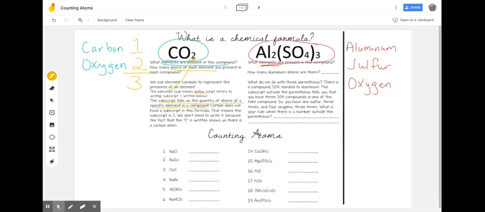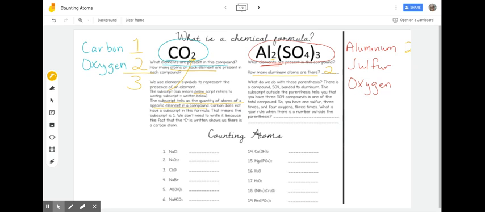Let's look at this other one here. Aluminum, how many atoms is there in aluminum? There is a 2, so there are 2. Now, let's look at SO4. SO4 is a compound by itself. We call it a polyatomic ion. We'll learn about it.